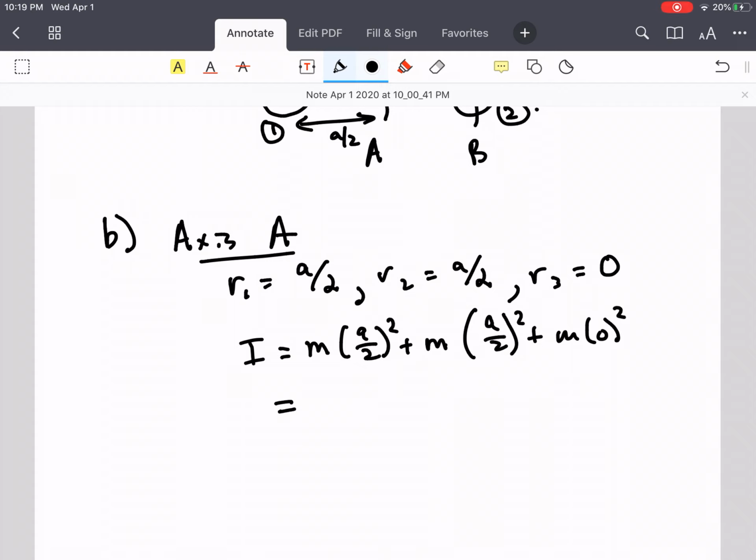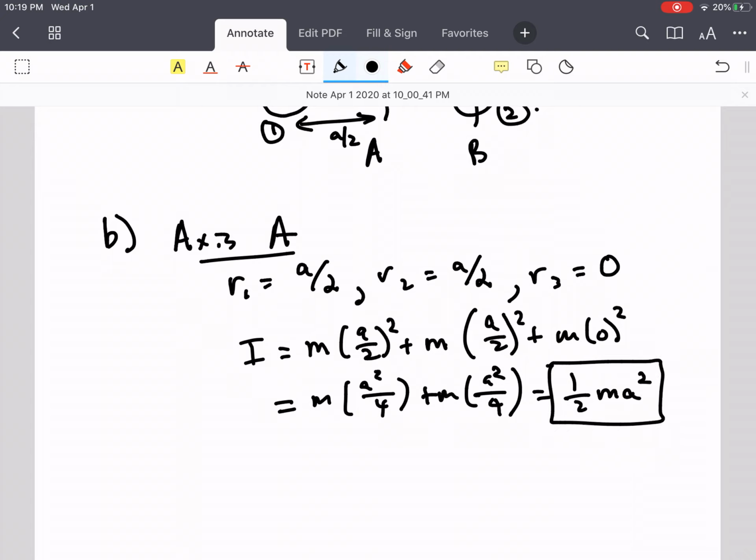So that's m times 1/4 a squared, plus m times 1/4 a squared, plus 0. And 2/4 is a half, so this is 1/2 m a squared. That's the moment of inertia about axis A.